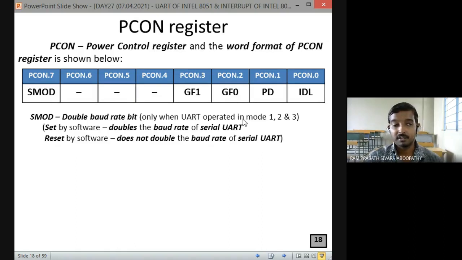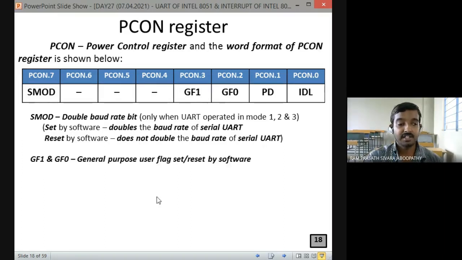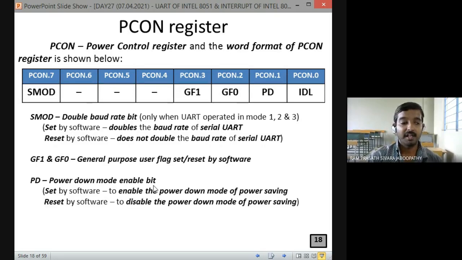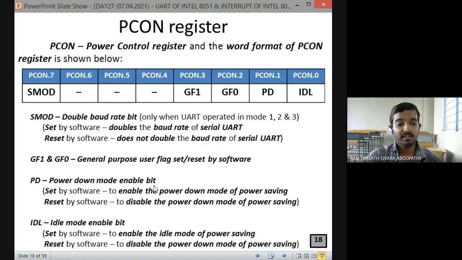Regarding the other bits, I will tell you now, but don't get confused. GF1 and GF0 are general purpose user flags. Already in the PSW register we have one user flag, F0, correct. So here there are two user-defined flags. Then PD stands for the power down mode enable bit, and IDL stands for the idle mode enable bit.